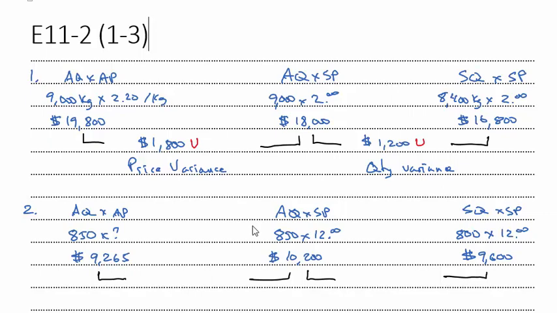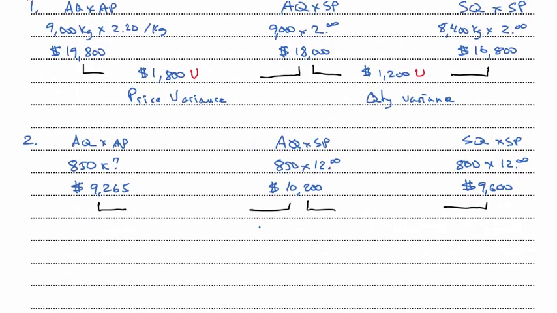Okay, so looking then at the labor rate and efficiency variance. The rate variance, going from 10,200 down to 9,265, is favorable. And so that was the rate variance.